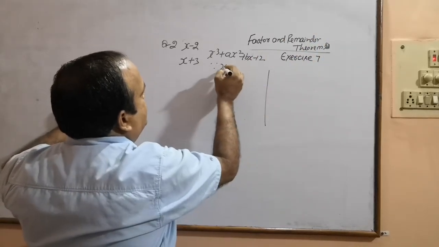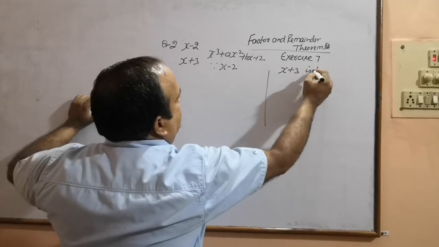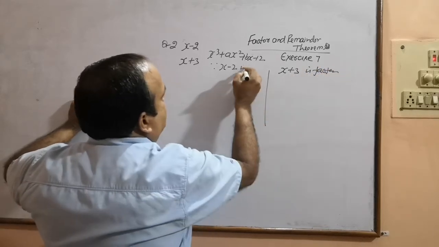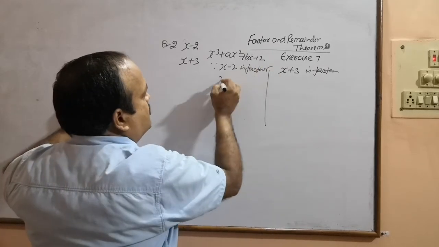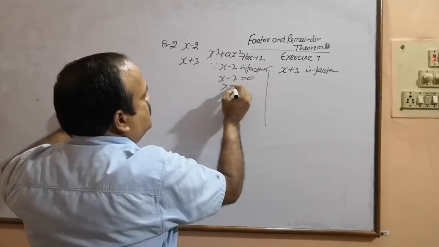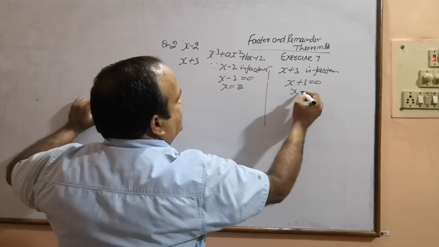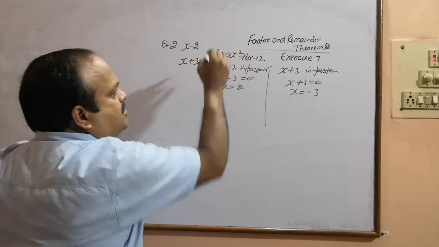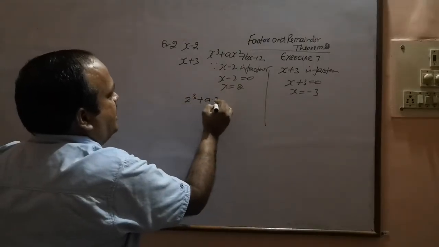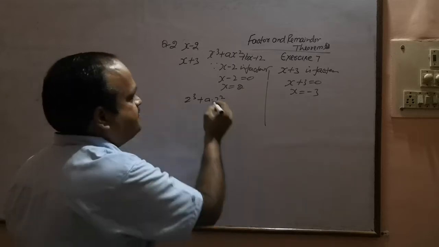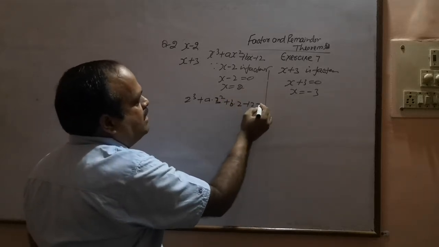Since x minus 2 and x plus 3 are factors, get the value of x as 2, and the value of x as minus 3, and put them in. 2 cube plus a into 2 square plus b into 2 minus 12 equals 0.